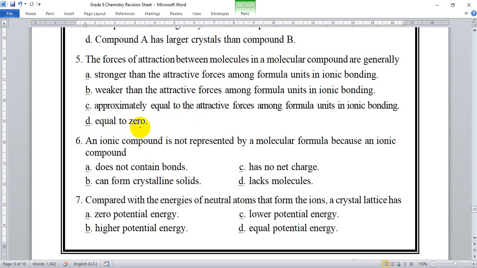Ionic compounds are solids, so the forces are stronger. So in molecular compounds, the forces are weaker than the attractive force in formula units of ionic compounds.